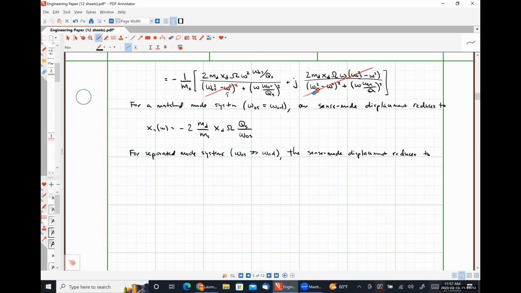So now let's look at this thing here again. I can erase these red lines, right? We're looking at a system where omega naught S is much greater than the omega in this case, right?